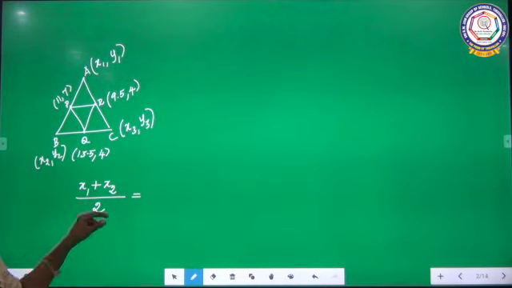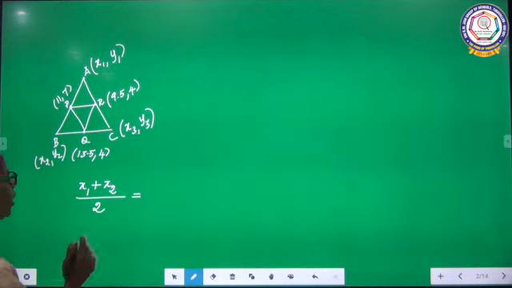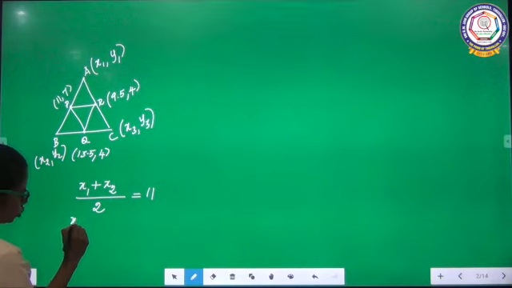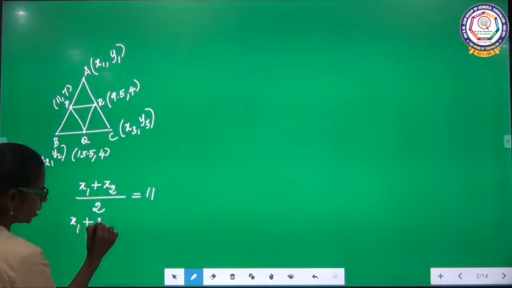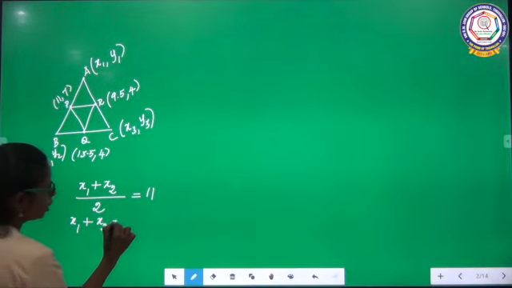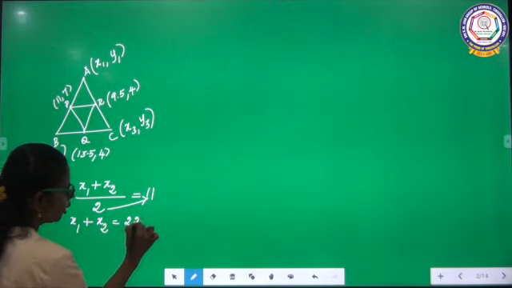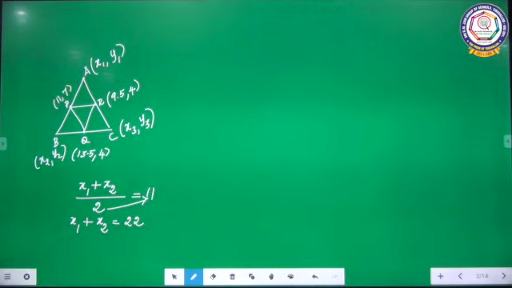Abscissa means x. So what is the x here? 11. So x1 plus x2 equals 2 into 11, 22. Right? You are getting an equation x1 plus x2 equals 22.